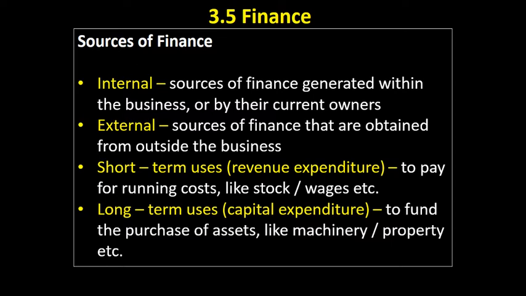So funding the purchase of assets like machinery and property, etc. So revenue expenditure is money used to generate revenues, i.e. buying raw materials or paying staff wages. Capital expenditure is long-term money that's going to be used to purchase assets like machinery and property that will be in the business long-term, i.e. over 1 year.